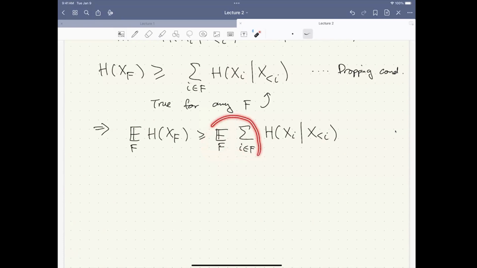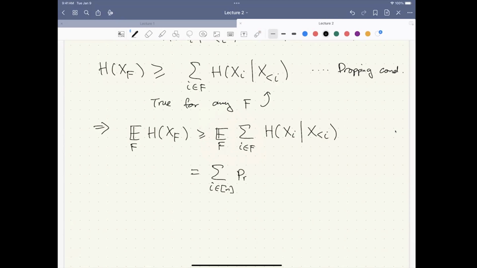This is the same as you sum over all elements in the whole set of directions, the probability that i is in F, times h of x_i given x less than i, right?